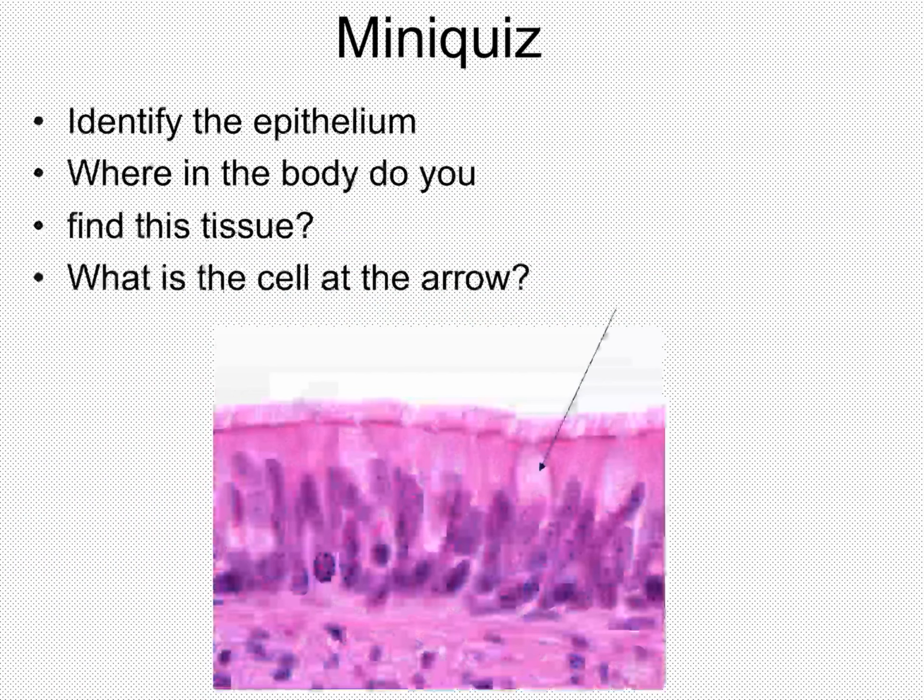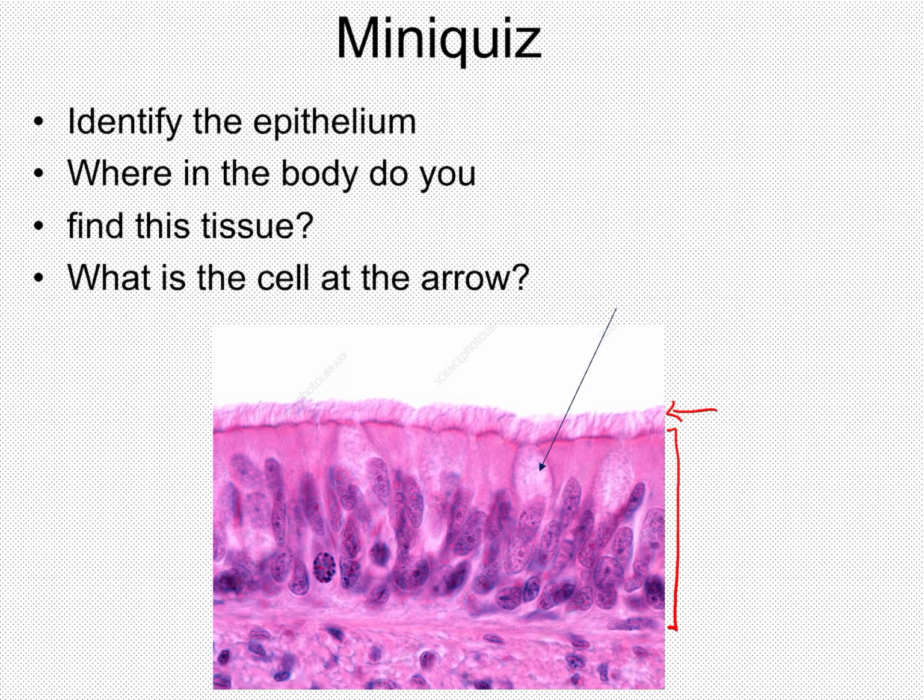The trachea, the bronchi, the back of the throat, or the nasal cavity. Here are our cilia. Here is our pseudostratified columnar epithelium. And this is where the epithelium stops and the connective tissue picks up.